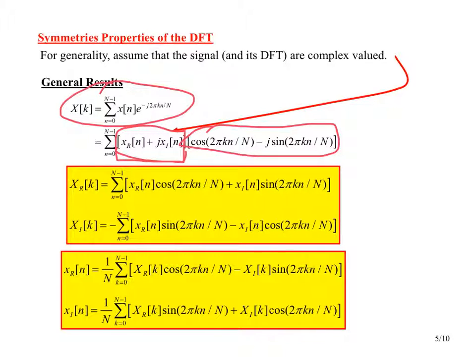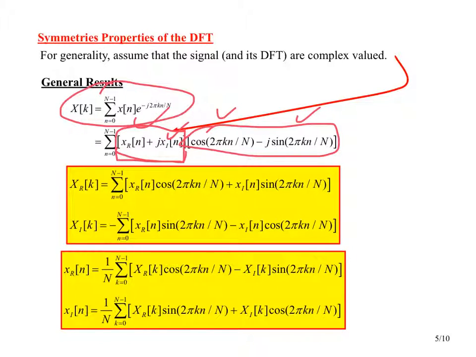So if we take an individual term of that sum and multiply it out, we'll get a real times a real, an imaginary times an imaginary, and then two real times imaginaries. And so if you group all those things together, you'll get the real part and the imaginary part.